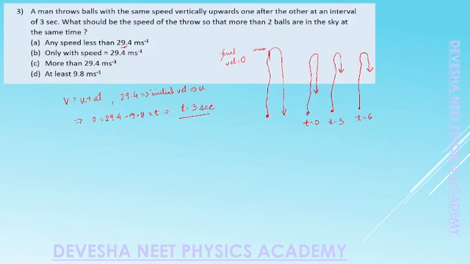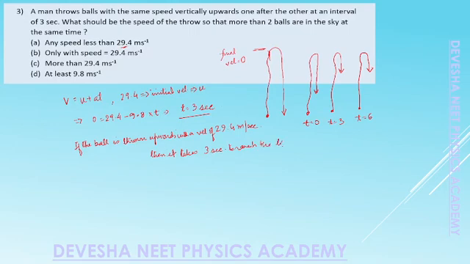So it means, if the ball is thrown upward with a velocity of 29.4 meters per second, then it takes 3 seconds to reach the top.